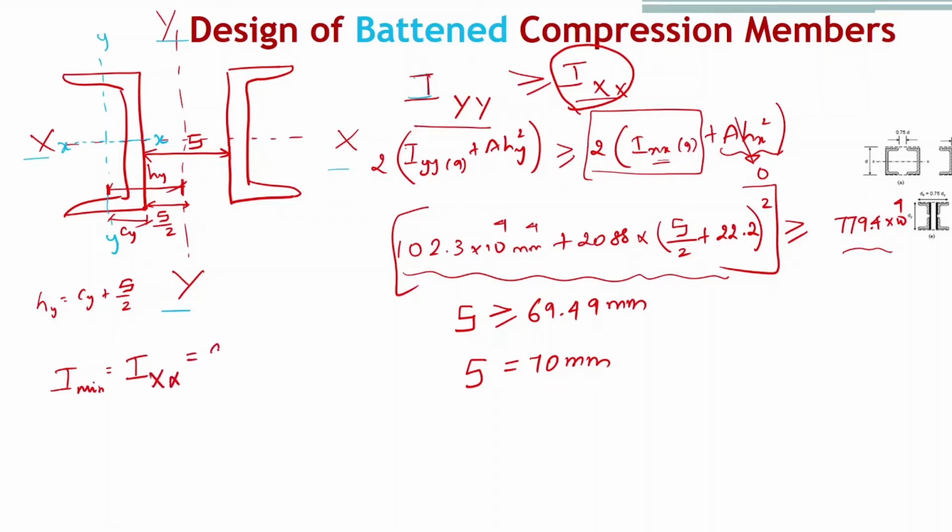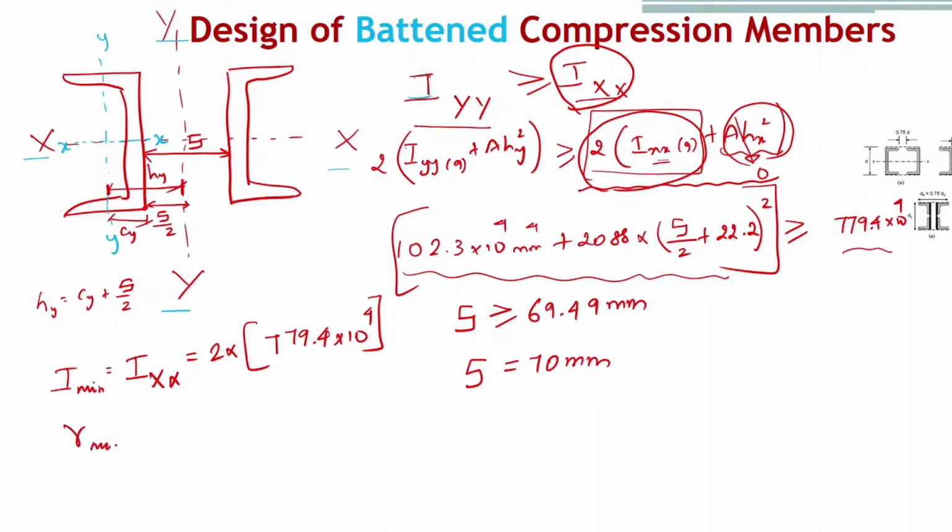That is 2 times, because we have 2 channels, for one channel section which is 779.4 into 10 to the power 4. If you refer here, this is the minor moment of inertia. Hx is 0, the whole term is 0, so it is twice Ixx or Ig. And my minimum radius of gyration is Rxx, which is exactly equal to R small xx.